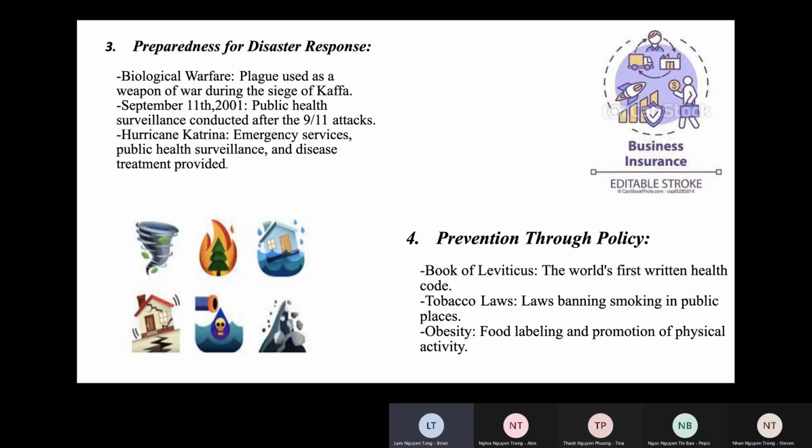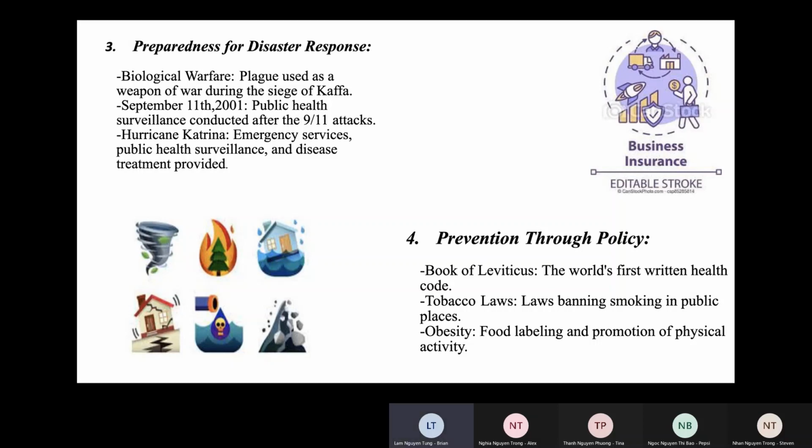We have the attack in the United States on September 11, 2001. Public health workers were en route to the World Trade Center and the Pentagon to conduct surveillance to identify outbreaks of disease and control conditions that might have resulted from the attack.